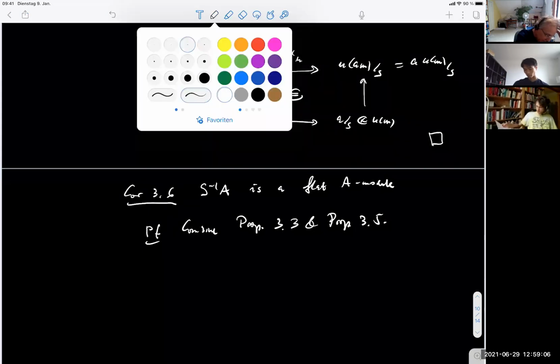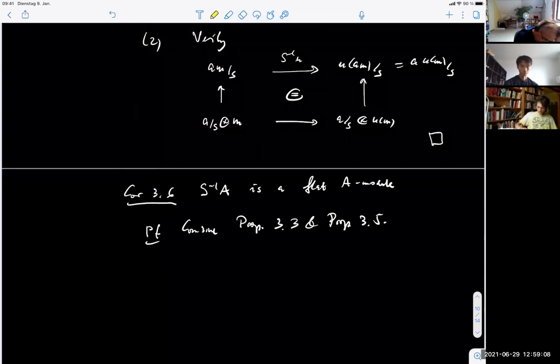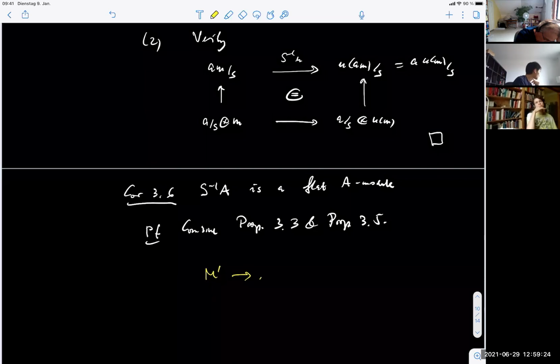Maybe I do it in yellow. Okay, flat. What does it mean? Okay, let's assume these are A modules and it's exact.